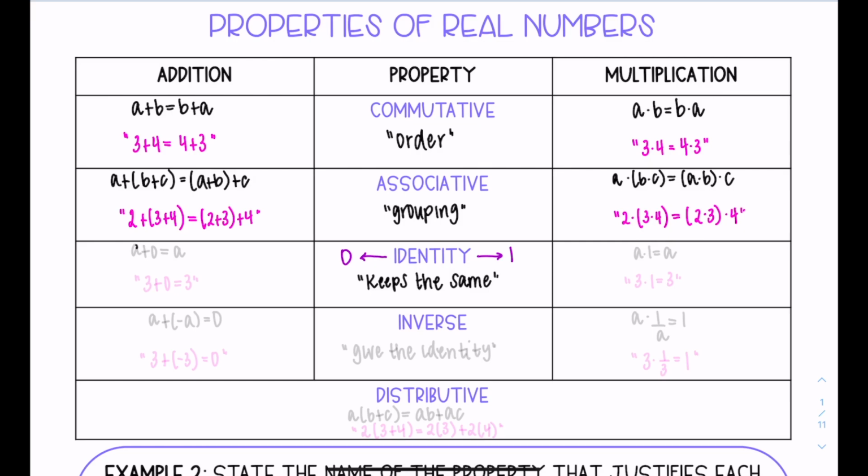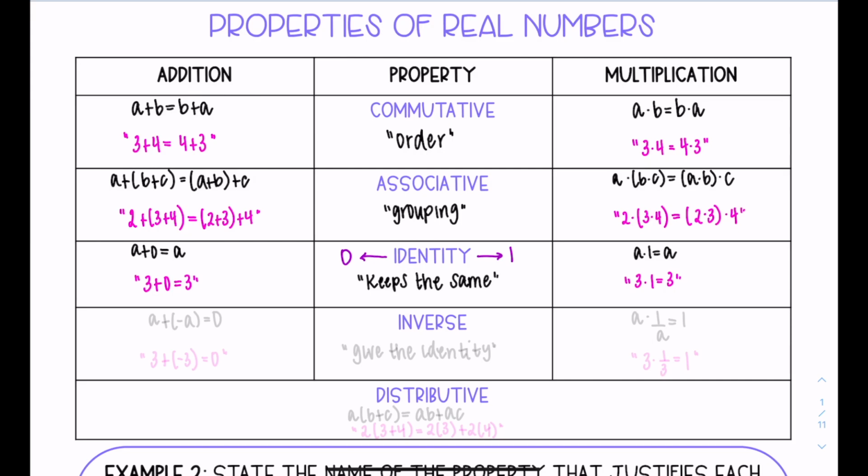So that's like saying A plus 0 is equal to A. 3 plus 0 is 3. It doesn't change the number when I add 0 to it. Something similar happens when we multiply by 1. That's like A times 1 gives me A. 3 times 1 is going to give me 3. When I multiply by 1, it doesn't change the original number.